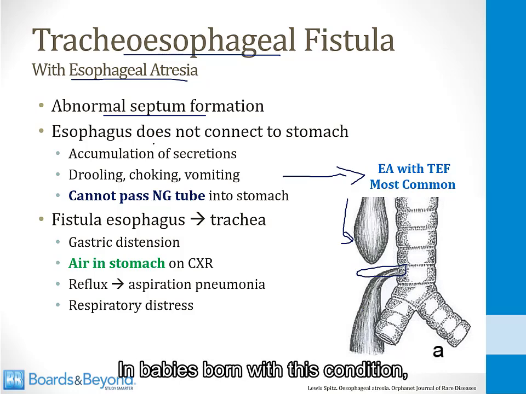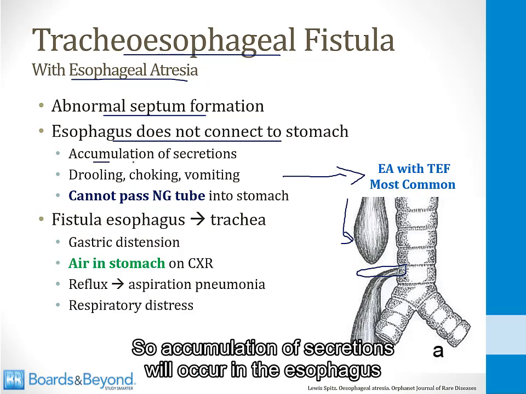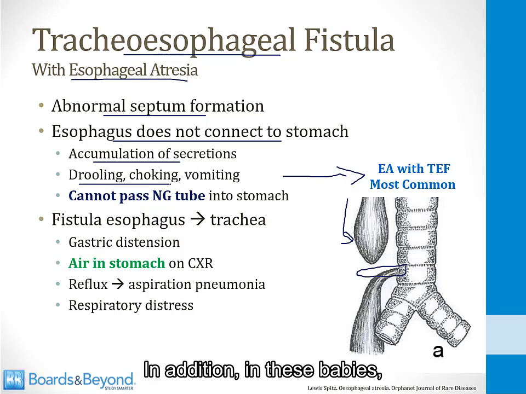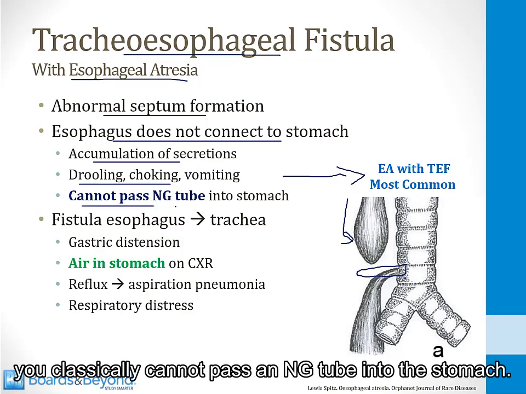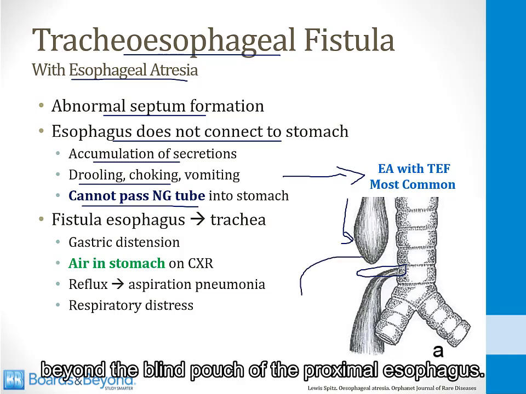In babies born with this condition, the esophagus doesn't connect to the stomach, so accumulation of secretions will occur in the esophagus, and the baby will have drooling, choking, and vomiting. In addition, in these babies, you classically cannot pass an NG tube into the stomach. That's because the nasogastric tube cannot go beyond the blind pouch of the proximal esophagus.